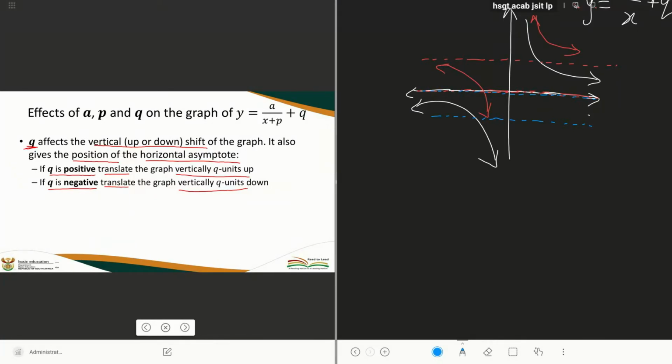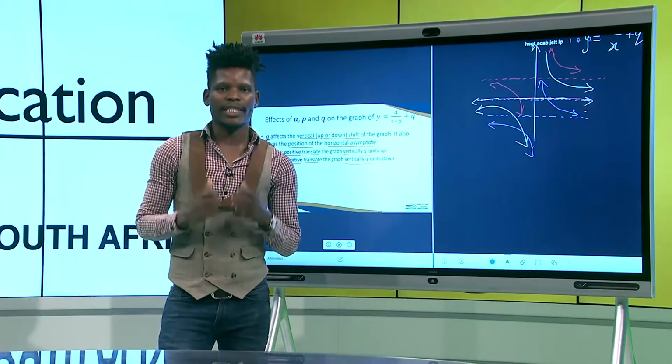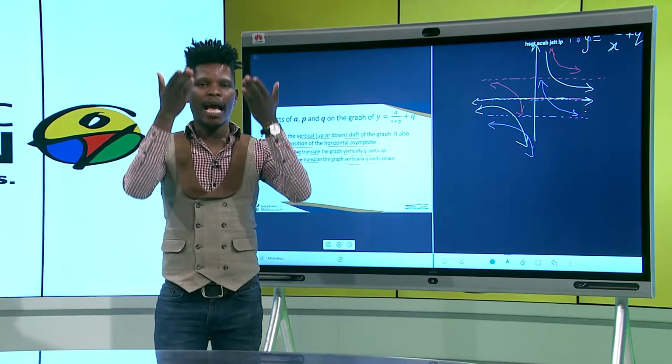So now your graph is decreasing, so it's going to be like that, and it's going to be like that. You can see that your graph has moved vertically downwards. In red there, you have your graph having moved vertically upwards. So those are the effects that Q has on your graph. If Q is positive, you are going to shift your graph Q units upwards.